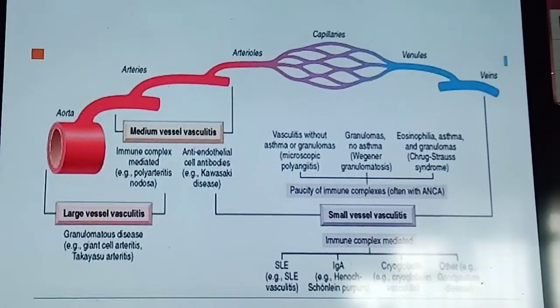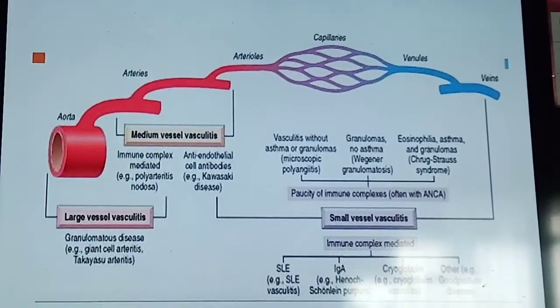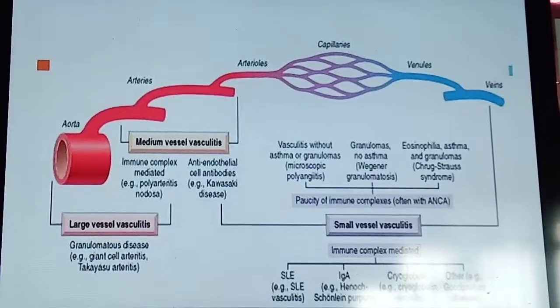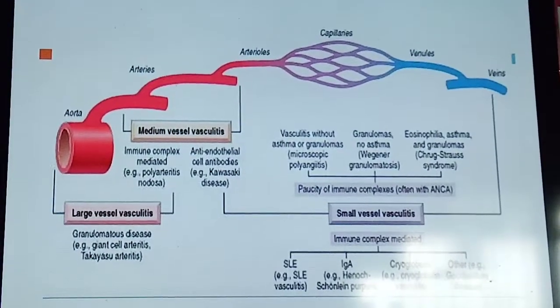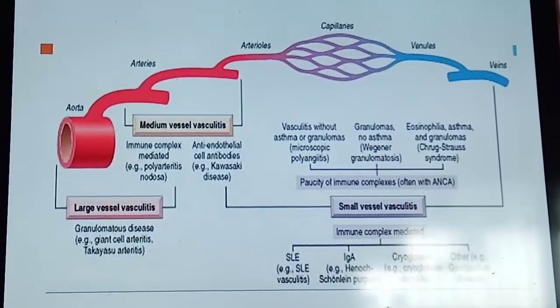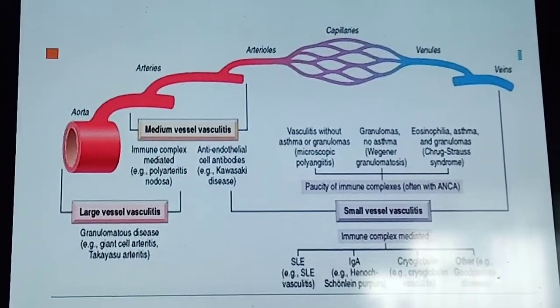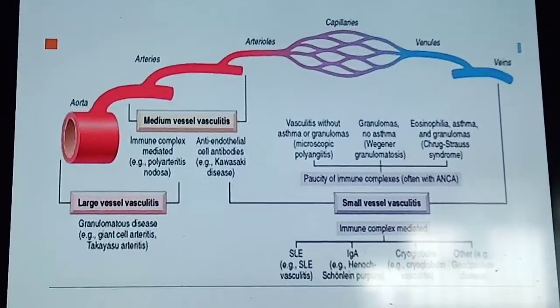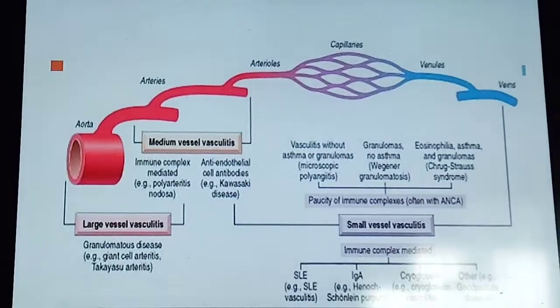In small vessel vasculitis, one type is immune complex mediated, like SLE, IgA nephropathy, cryoglobulinemia, and Goodpasture disease. The other is ANCA associated vasculitis.